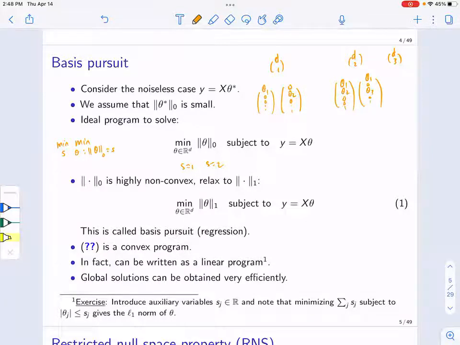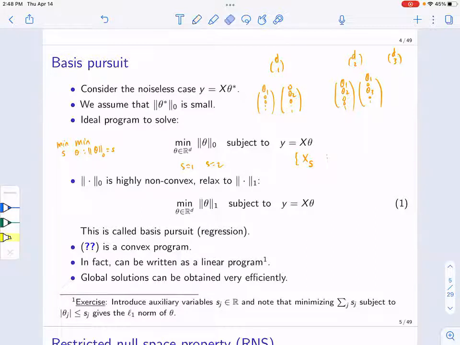So let's say X restricted to a subset S of size S has full rank, like these guys, as S varies.